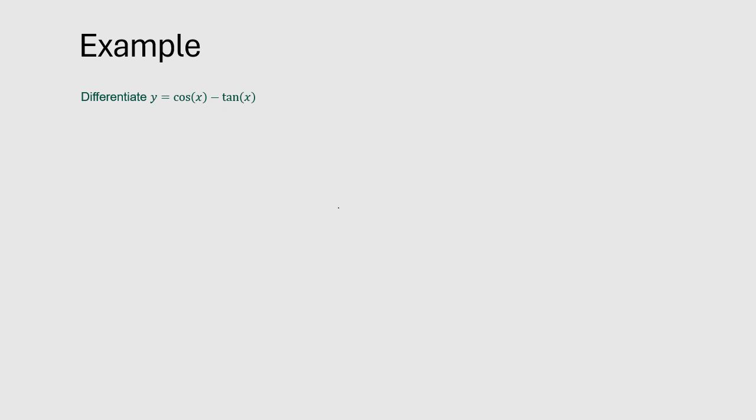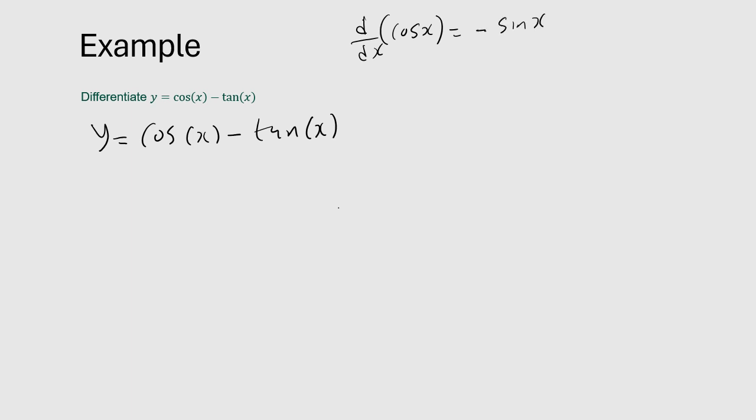So an example: here we have y equal to cos x minus tan x. I want to differentiate this. We should just remember that d over dx of cos x is minus sine x, and d over dx of tan x is sec square x.